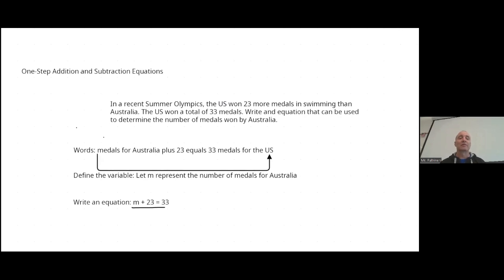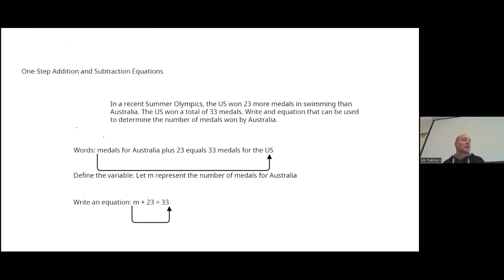I don't know why I did those little arrows, but you get what I'm saying. So medals for Australia, which is M, plus 23 equals 33. You see those connections. That's important that you understand those connections. This is how I want you to do word problems.